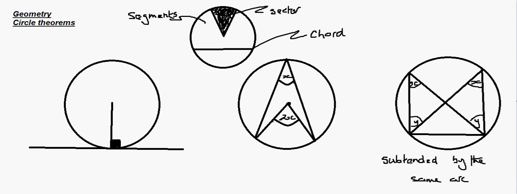Equally, if I was to do this, then these two would be subtended by the same arc because they're hanging from this arc. So y will equal y. They're very, very simple.